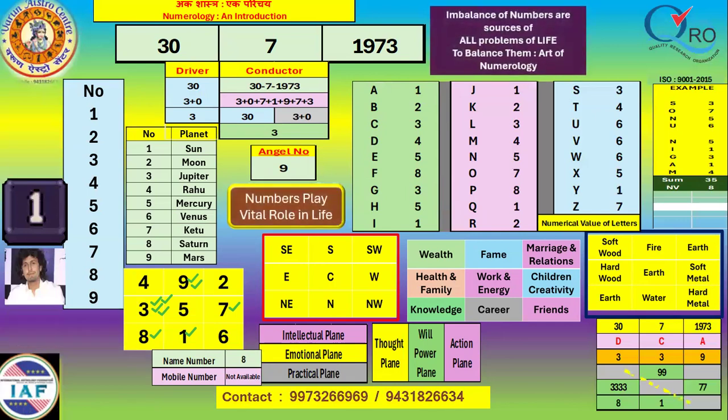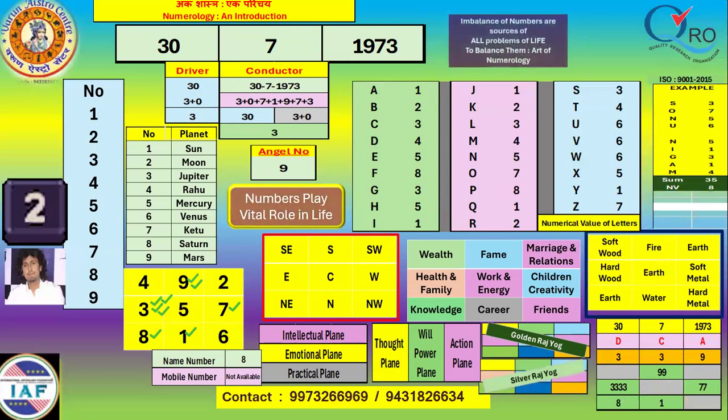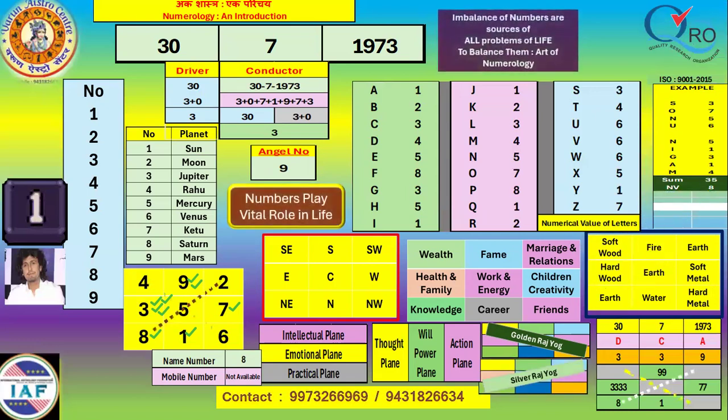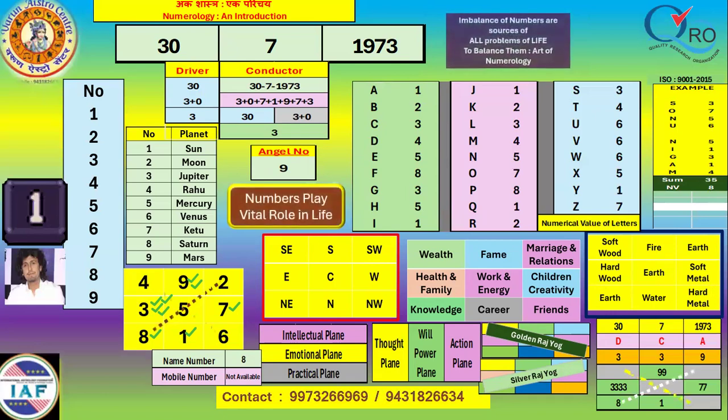And golden Raj Yoga is not found because 4, 5, 6, all these numbers are missing for the native. Silver Raj Yoga could also not be found because 5 is missing in between 8 and 2. So 4, 5, 6 is missing, and the resultant effect is that golden Raj Yoga is not found for the native. In between 8 and 2, 5 is missing, that's why silver Raj Yoga is also not found.